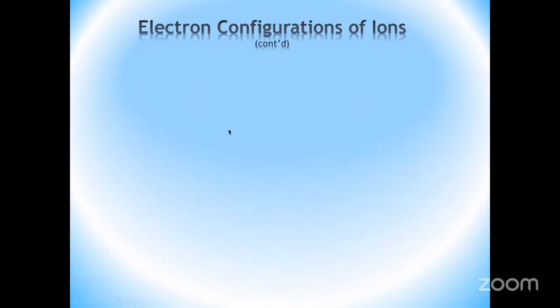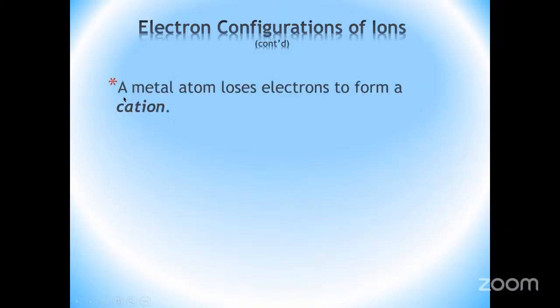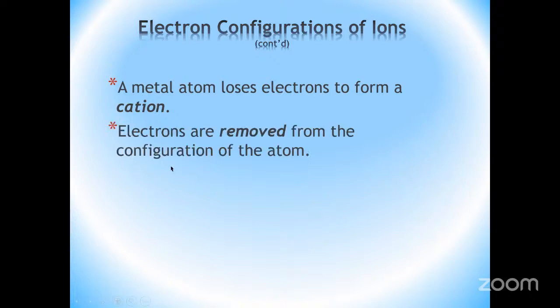Now, when it comes to cations, things are a bit different because, of course, the formation of monatomic cations results from the removal of an electron, or more than 1 electron, to form your positively charged ion, which is a cation, right? So in order to get the electron configuration of the metal ion, we have to start from the configuration of the atom.